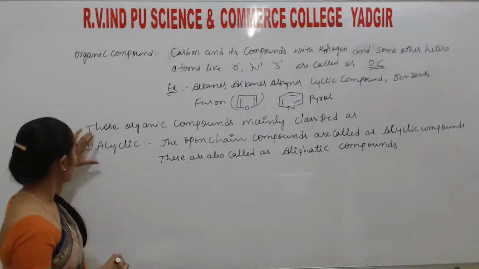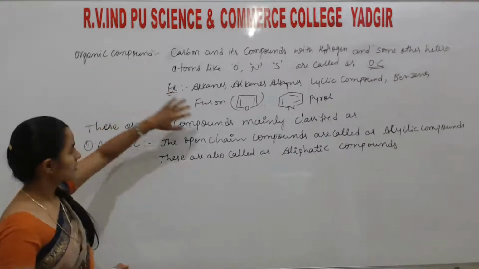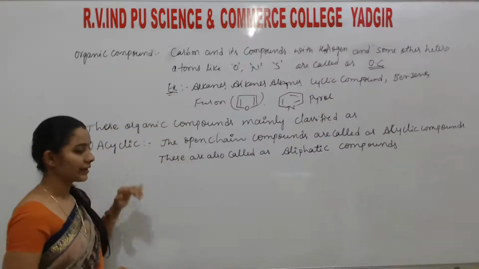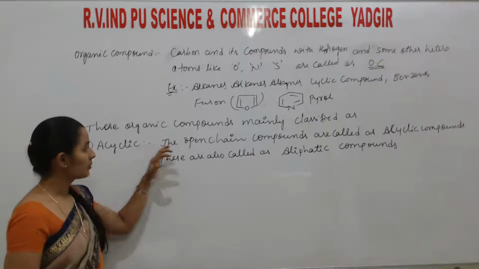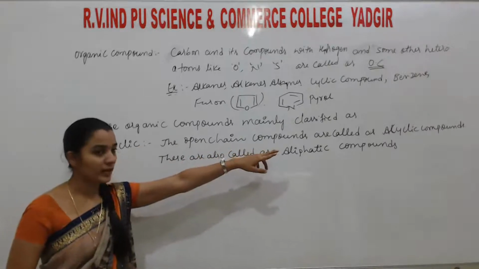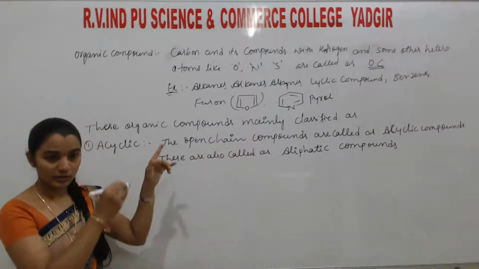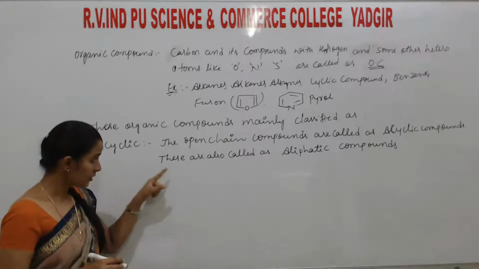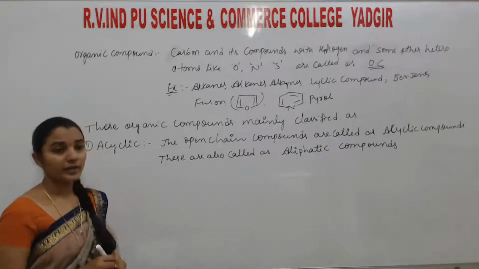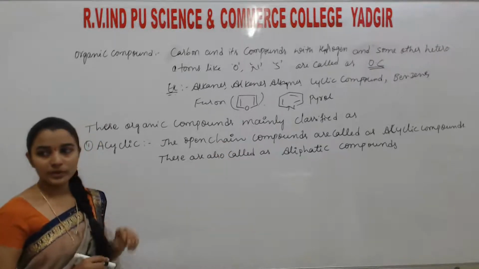Understood? So initially, organic compounds are classified mainly as acyclic and cyclic. Acyclic means the open chain compounds. There is no cyclic form, no closed form. So these are also called aliphatic compounds because they are open chain compounds.